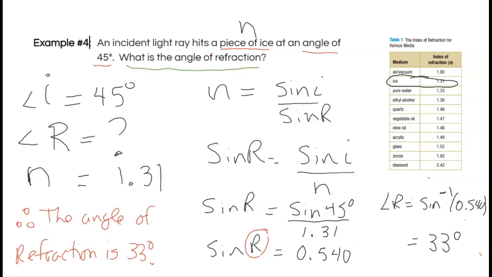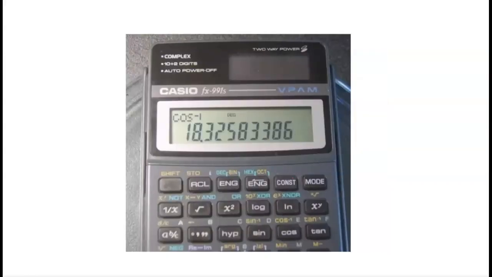Now, we should also make sense of this. So I'm just going to go ahead over here, get rid of this, and then let's draw this out. Let's make sense of this. So if I have 2 media, and remember that my first medium in this case was assumed to be air, so I have air here, or vacuum, and then I have ice.